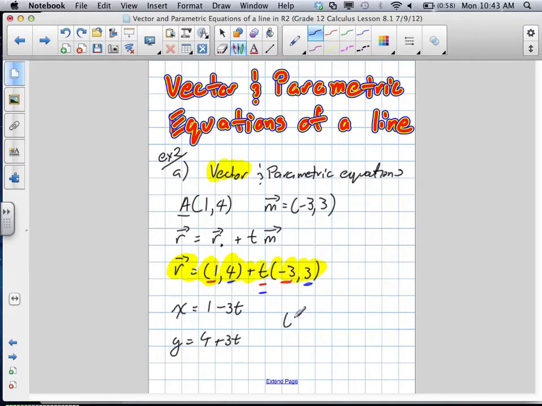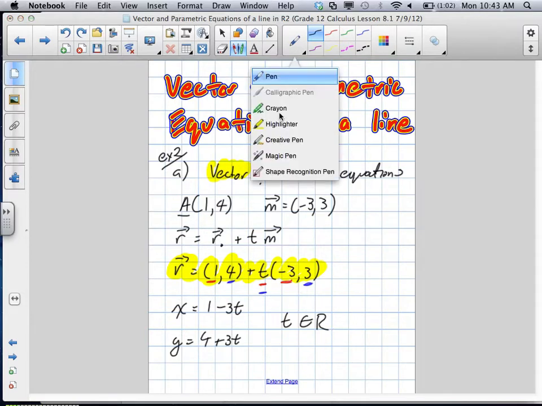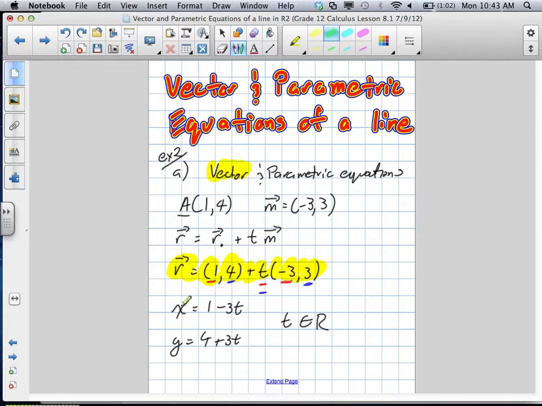They do want us to always write that the parameter t is any real number. As long as it's a real number, we're going to be okay. So that would be the parametric form of the equation. We're going to have to get used to setting up both of these as we go through it.